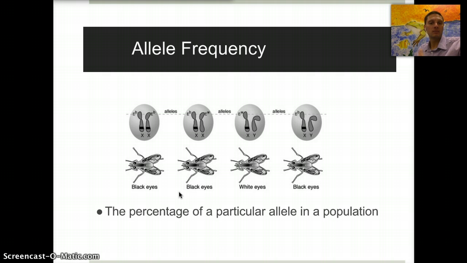So, for example, if our trait is eye color, whether in humans or in flies here, the allele could be, in humans, blue eyes or brown eyes or green eyes. In our case with the flies here, we've got black or white eyes. And so the allele frequency is how often these different types of the trait actually occur in the population.